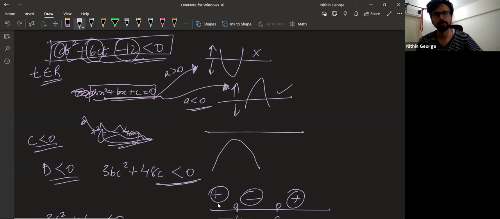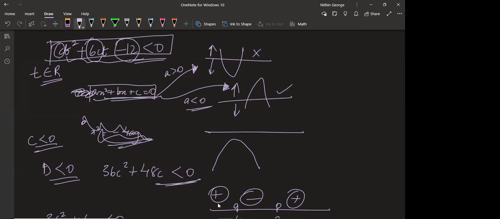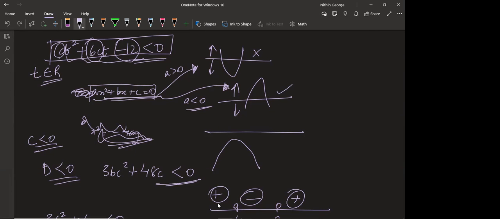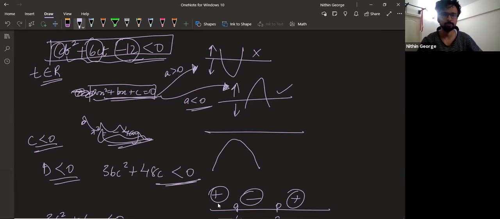Right? So that's the discriminant, sir? Yes, it's the discriminant. D less than 0.